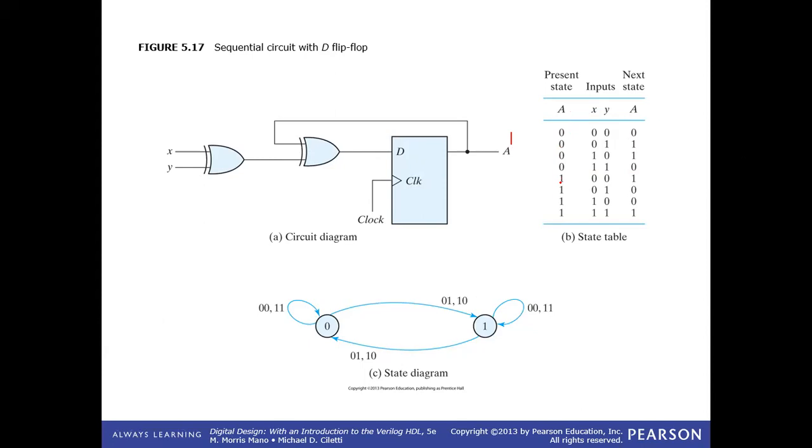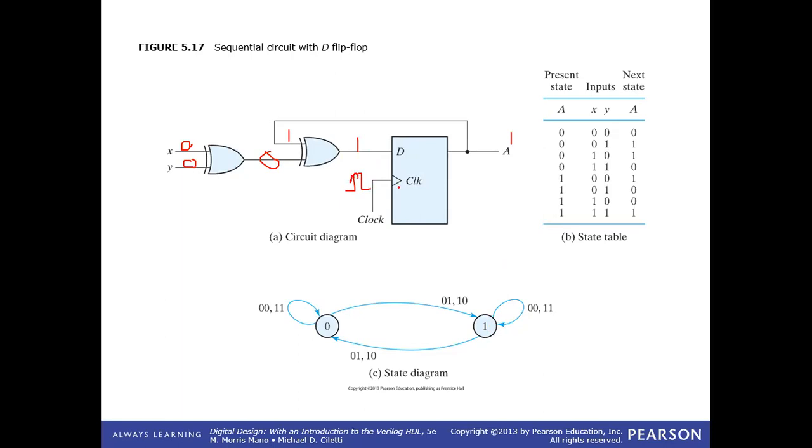If A is equal to 1 and I apply 0 and a 0, what happens over here? 0. And here 1, 1, and over here, 1. Yes. So this means that if we are standing at 1 and we apply a 0, 0 state to our system, we get back to the state 1 when the next positive edge of the clock occurs, right?